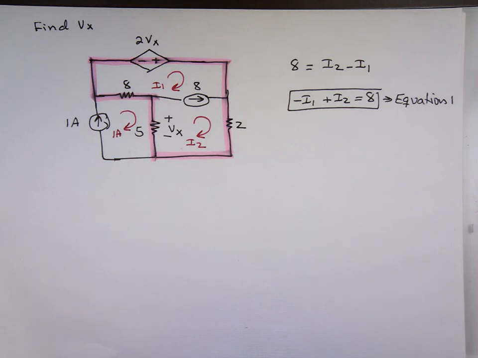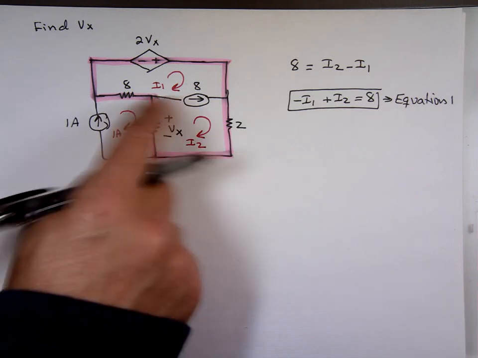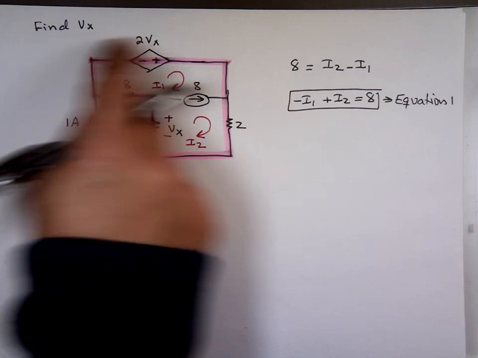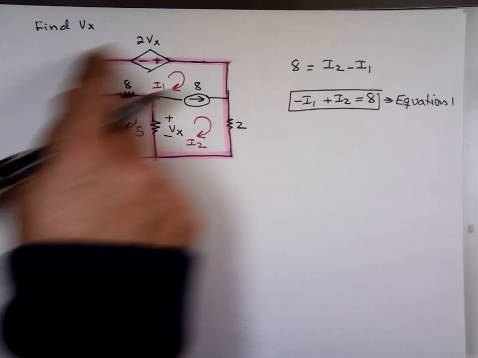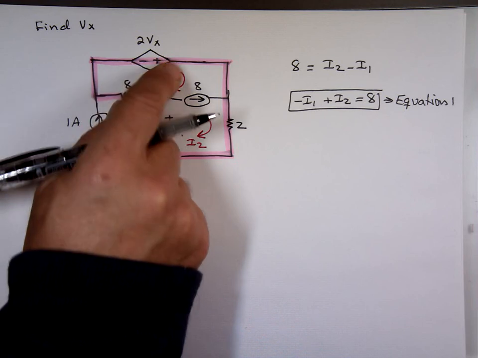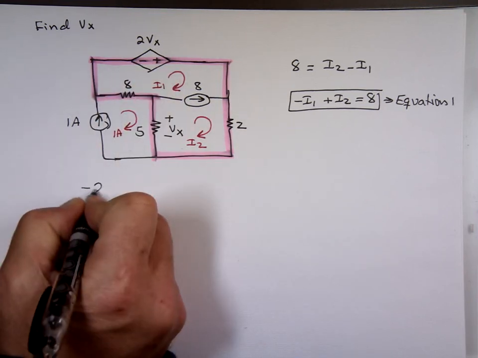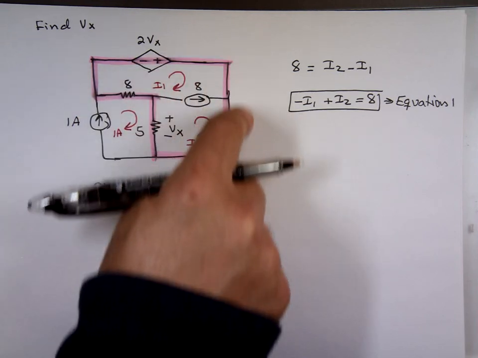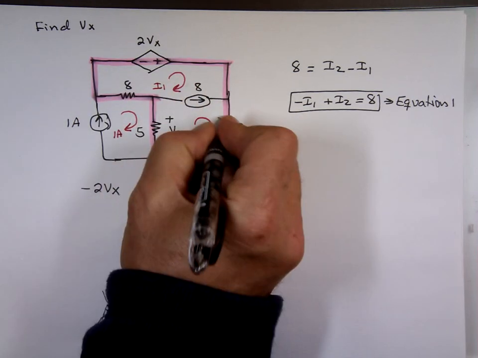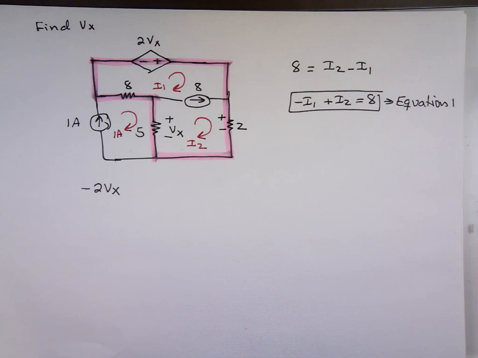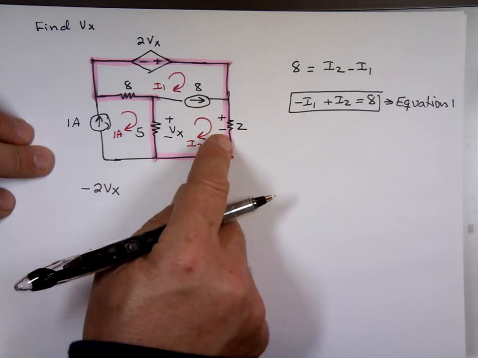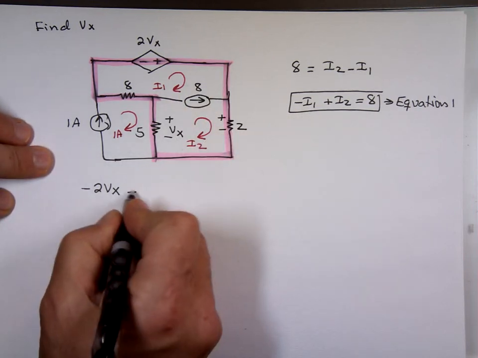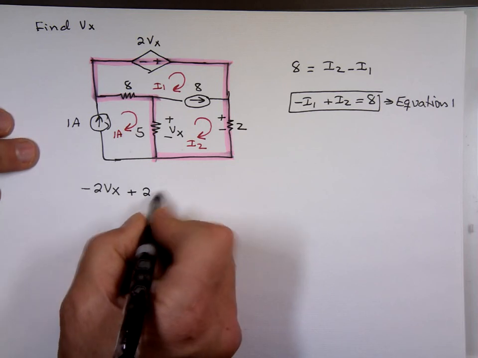So I need another one. That's where this path comes in handy. I'm going to travel clockwise, so it's going to be negative 2Vx. I'm traveling clockwise, going to mark it plus to minus. Plus 2 times I sub 2.